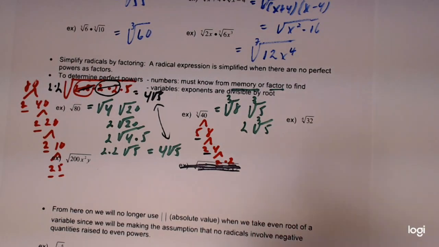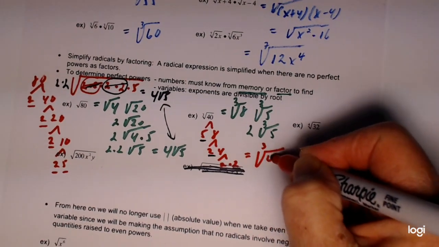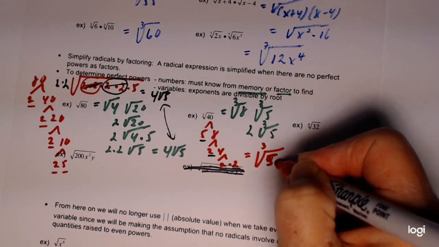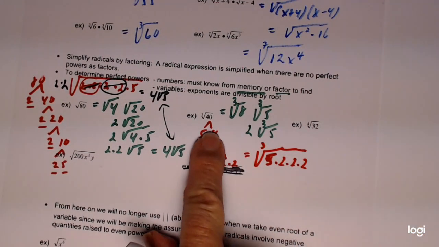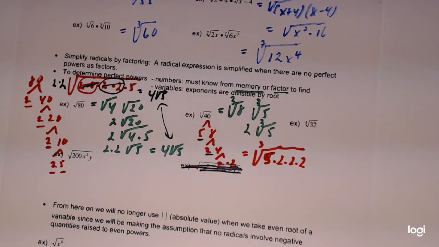So writing them here, cube root of 40 is going to be 5 times 2 times 2 times 2. So I replaced the 40 with the prime factors of 40. Again, we're going to look for a certain amount of the same factor in order to pull one out.